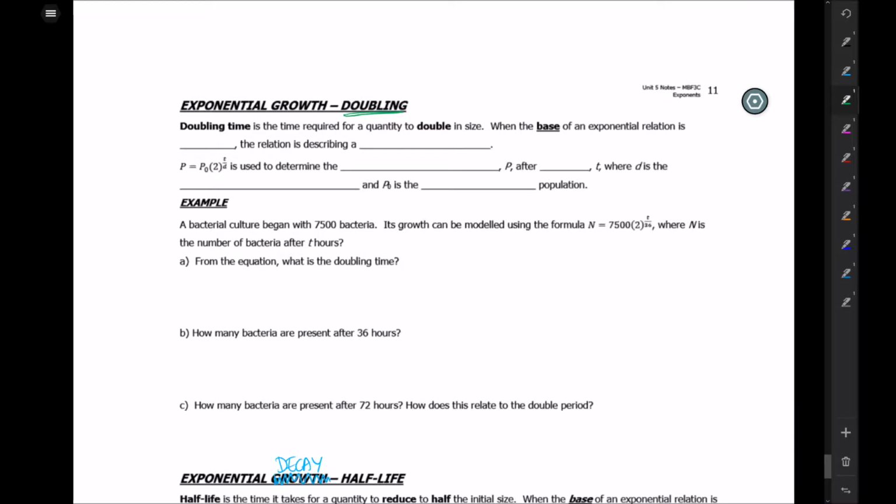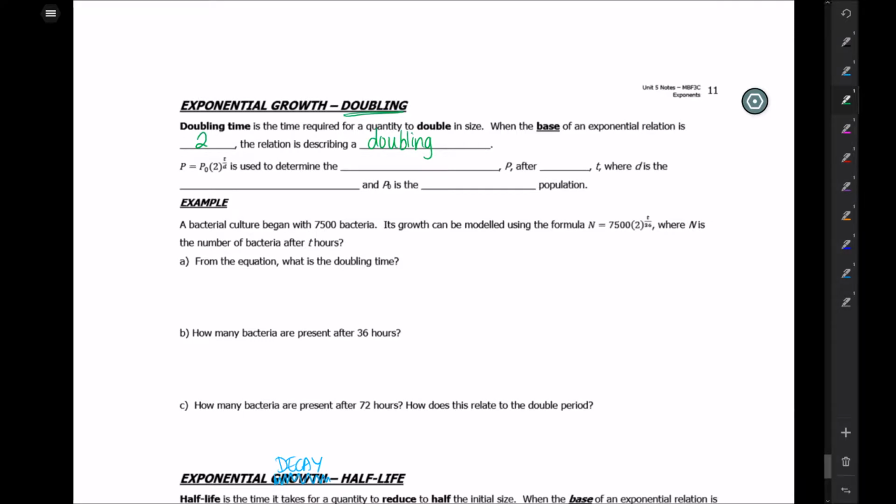So doubling time is the time required for a quantity to double in size. When the base of an exponential function is 2, because you're multiplying by 2 every single time, the relation is described as a doubling.